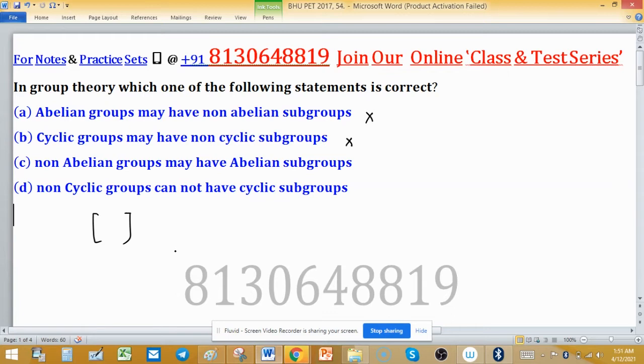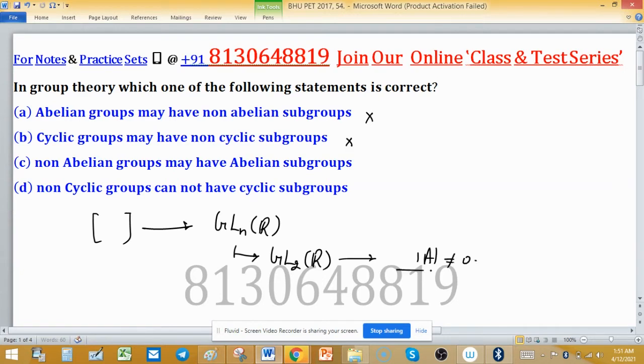In general, you can consider GL(n, R), or restrict to n = 2, meaning square matrices of order 2 with non-zero determinant, and consider the subgroup of diagonal matrices only. The product of two diagonal matrices is commutative, so it becomes an abelian subgroup. So non-abelian groups may have abelian subgroups.